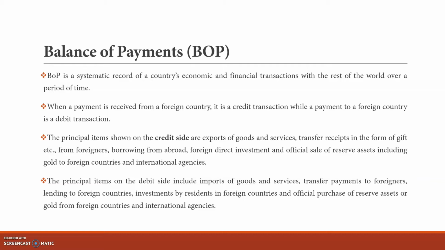So the principal items shown on the credit side are, there are two sides, one is the credit side, another one is the debit side. On the credit side, what are the items we include?